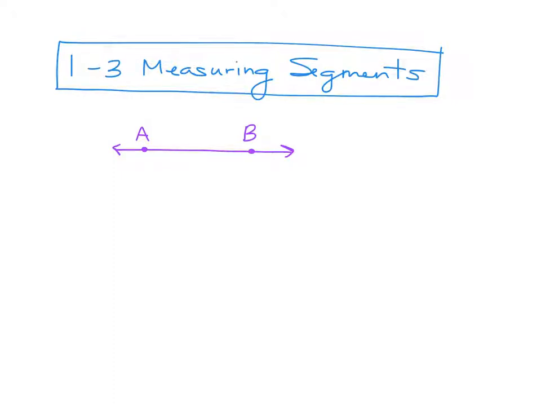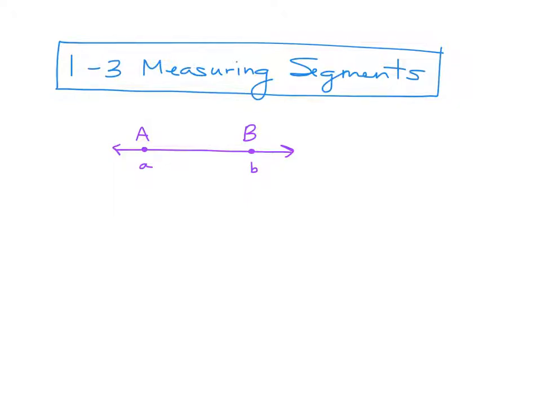Okay, so we're going to say you have segment AB, and point A is at A units, and point B is at B units. If you need numbers to visualize it, pretend A is at -2 and B is at 7. They're just unknowns right now, but if you need to see a number, that's what I'm getting at.